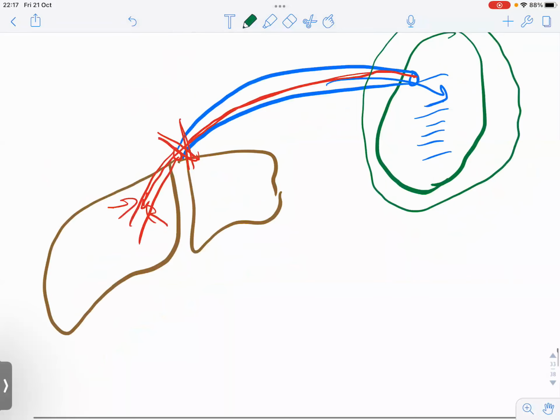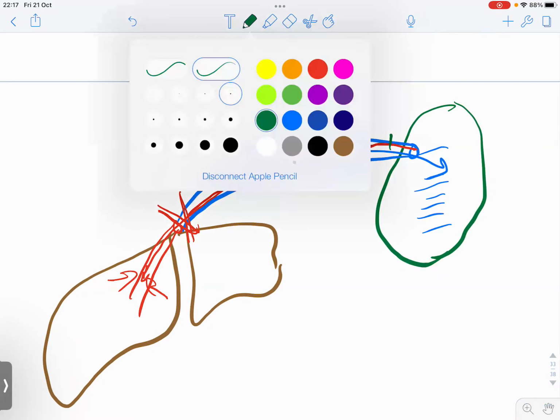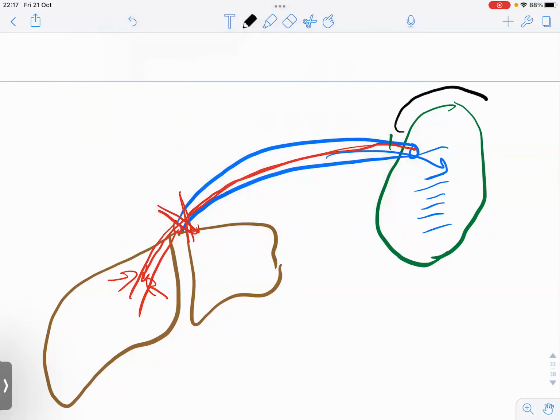And we know that the spleen has a splenic capsule which surrounds the spleen.